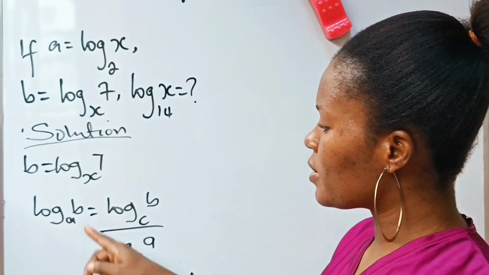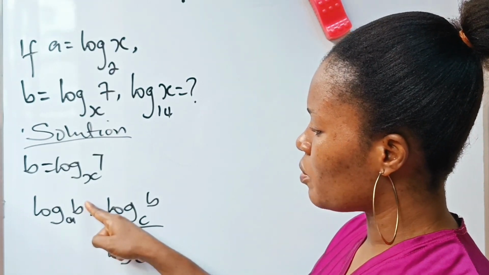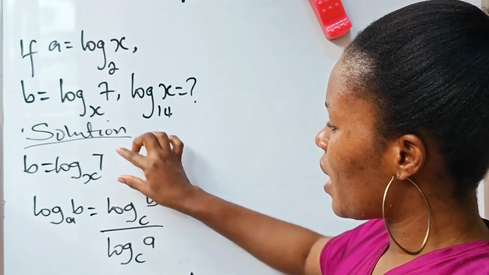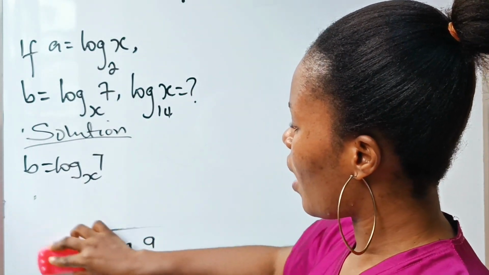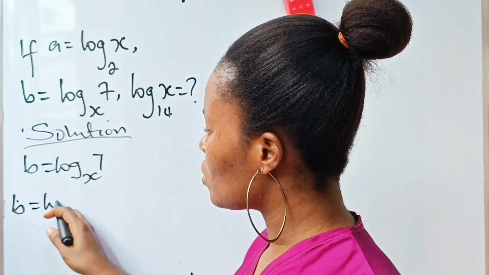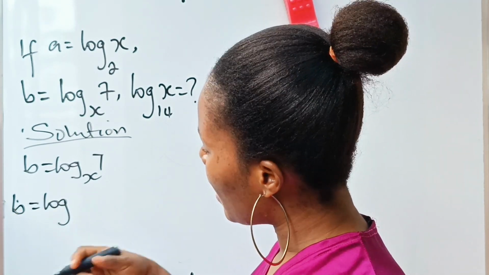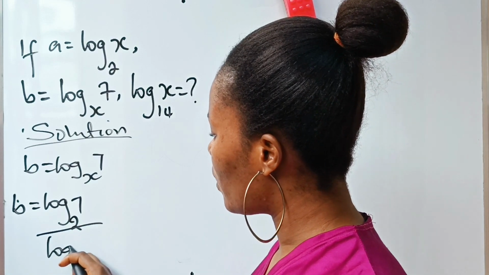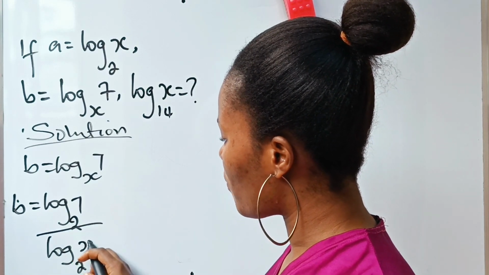We can put them in the same base. This becomes the numerator while this becomes the denominator. So we can rewrite b as b is equal to log to base 2 of 7 divided by log to base 2 of x.